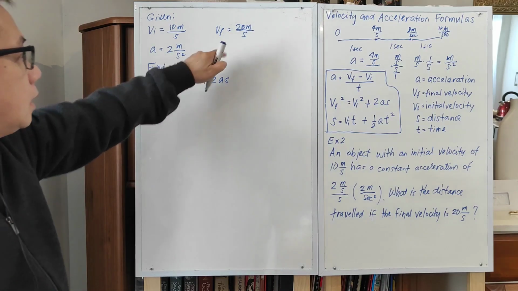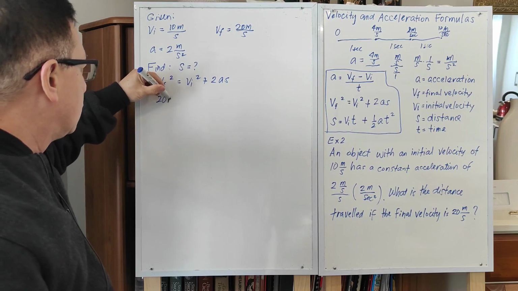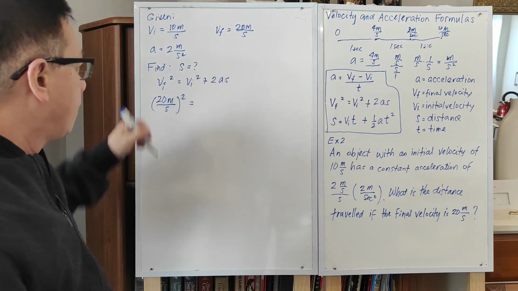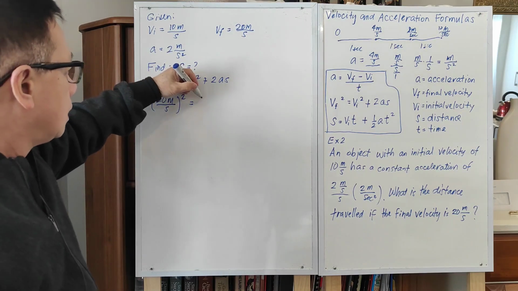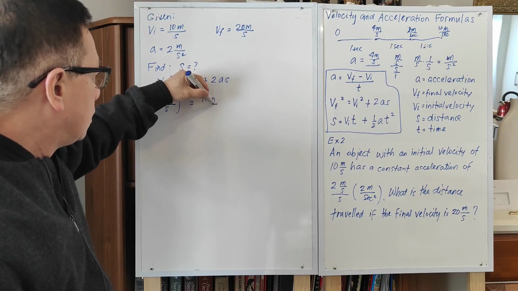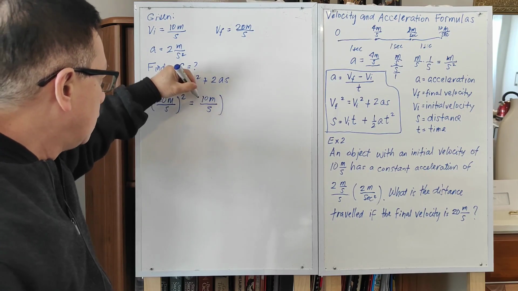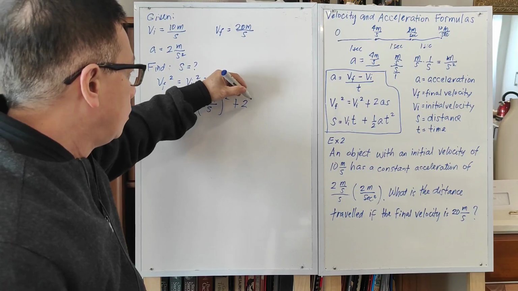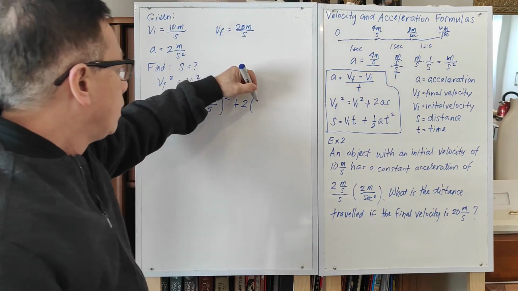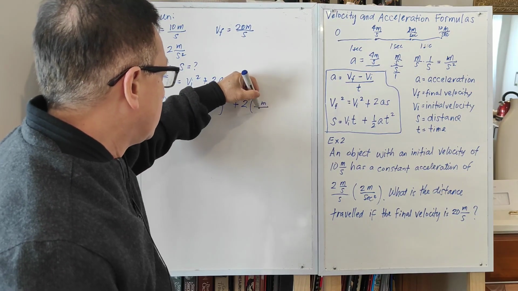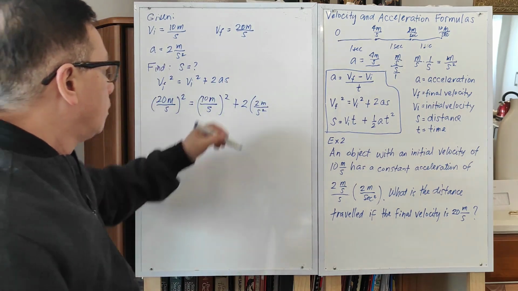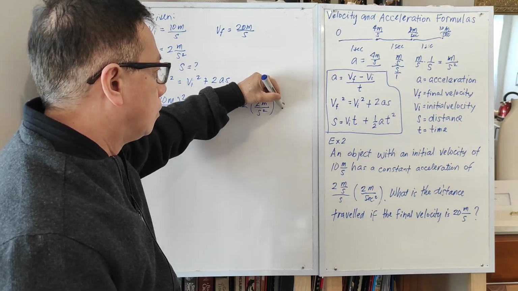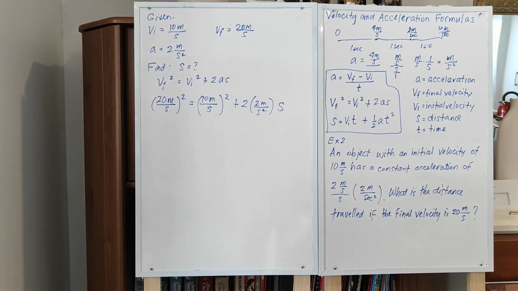So your final velocity is 20 meters per second, squared. Your initial velocity is 10 meters per second, squared, plus 2 times your acceleration, 2 meters per second squared, times the distance, which is at the moment you don't know yet.